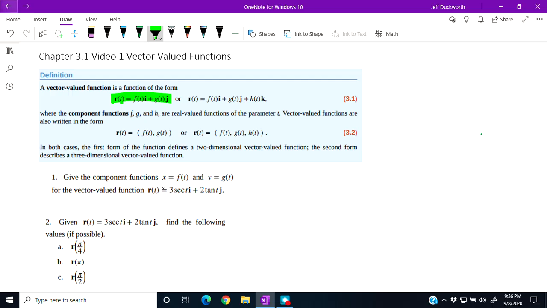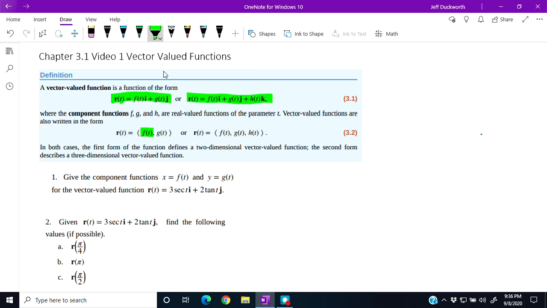And similarly, if you've got an x, y, z coordinate, then our r of t is going to have f of t times the vector i plus g of t times j plus h of t times the vector k. And the component form is down below that as well. So in place of one value, you're going to get the entire function of t. Now you typically won't write f of t, you'll write whatever that function is.